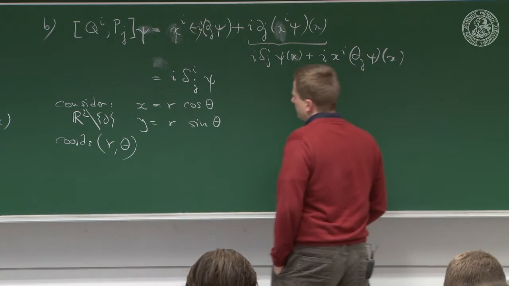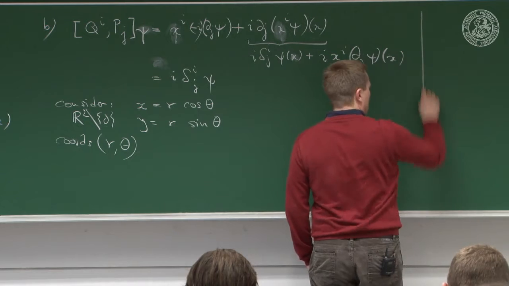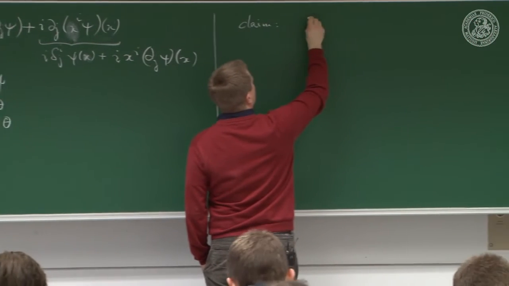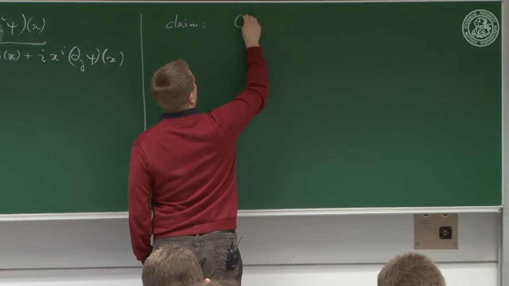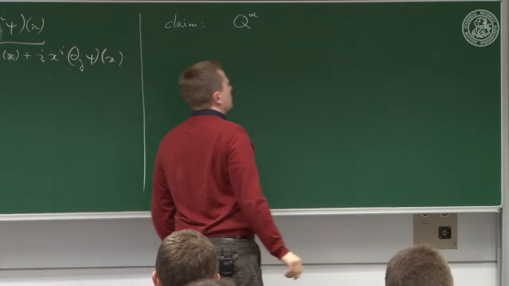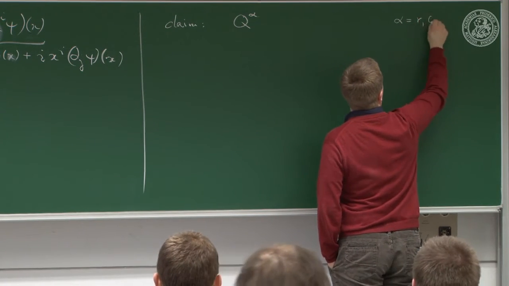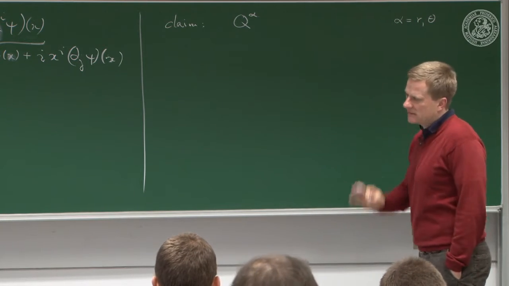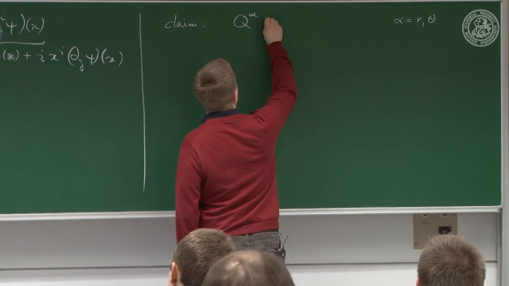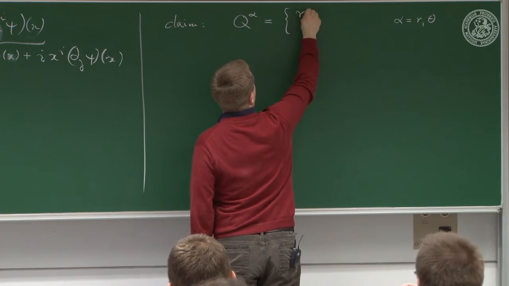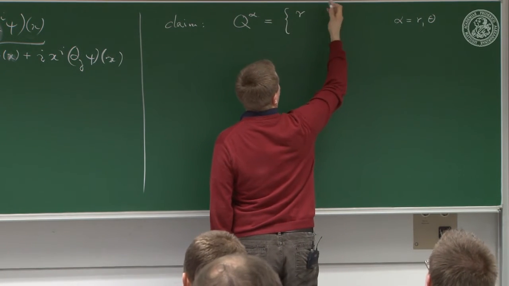Now, claim: I can now introduce Q alphas, position operators, but now alpha runs over r and theta. Instead of 1 and 2, it's convenient to write it like this. Well, this would be r if alpha is r.